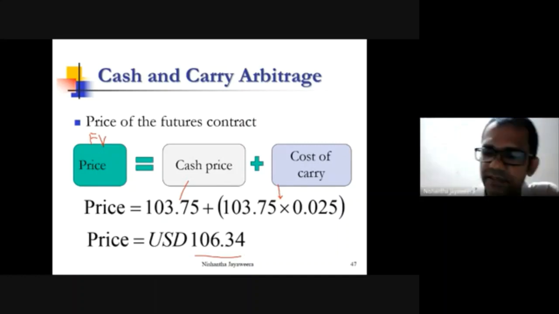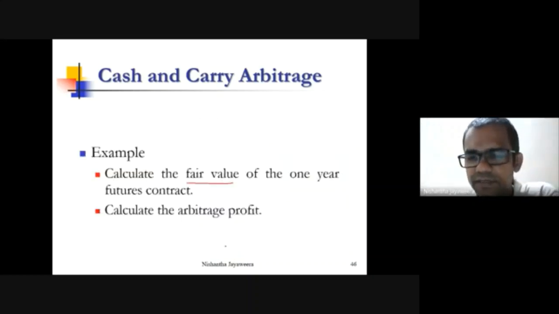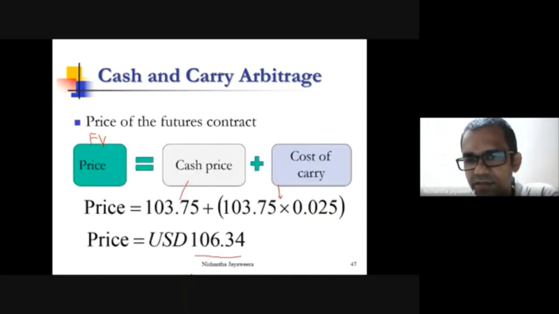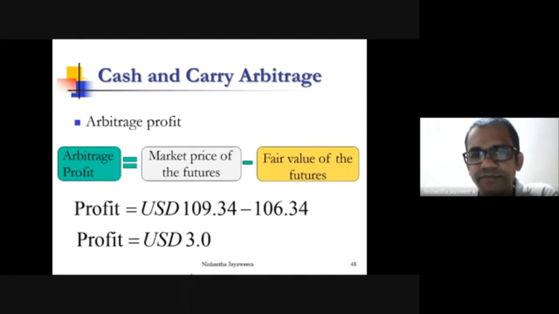But since the futures price is 109.34, on the expiry date, you receive 109.34. You pay only 106.34. The difference is your profit. You make a profit of $3. Is it clear?